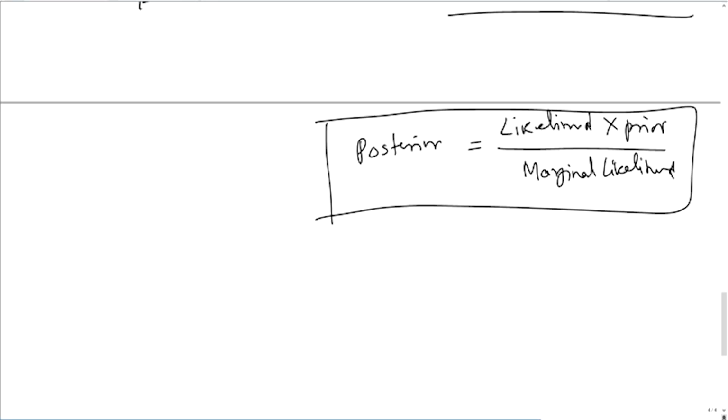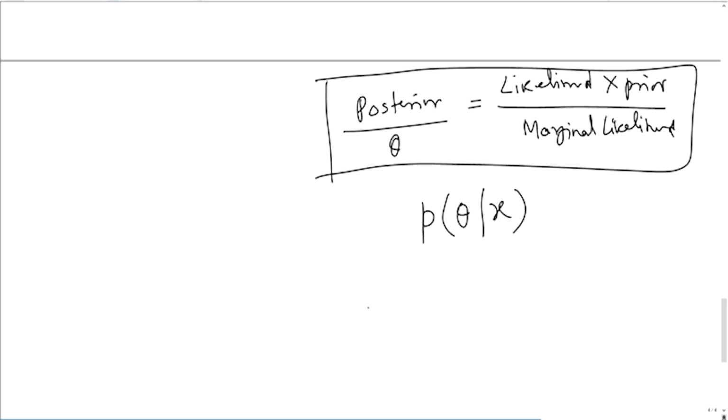So our goal is to estimate the posterior distribution of theta. So we want to estimate posterior distribution of theta given the data, right? We want to estimate the true distribution of theta given this data, right? So that is our goal. And how do we do this? We first calculate likelihood function.